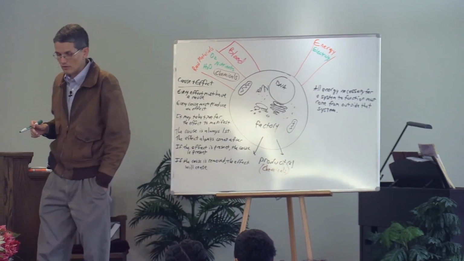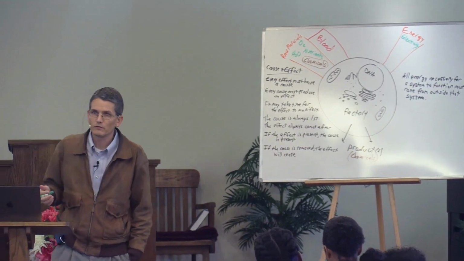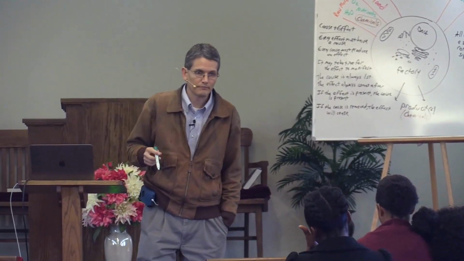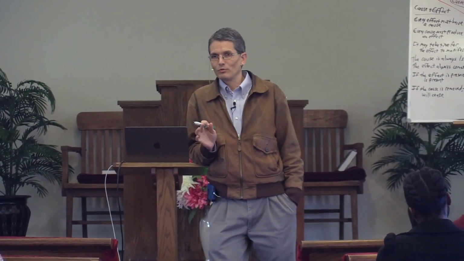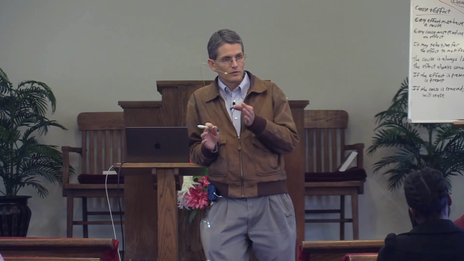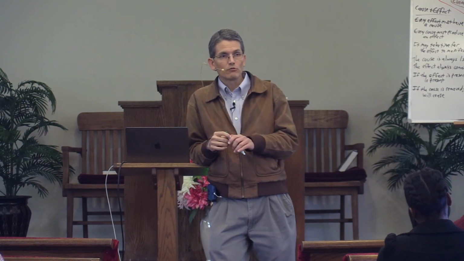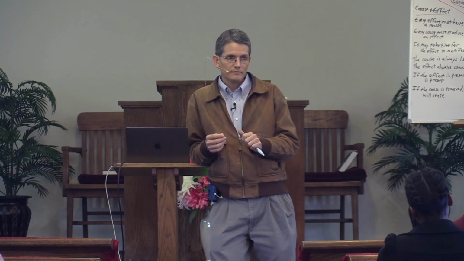There are chemicals involved in this electrical process, but it's actually an electrical system. You can get a small little voltmeter, microscopically small, and you can put one end of the voltmeter inside the cell and the other end outside of the cell, and in a resting state, the cell has a charge of around negative 70 to negative 90 millivolts.